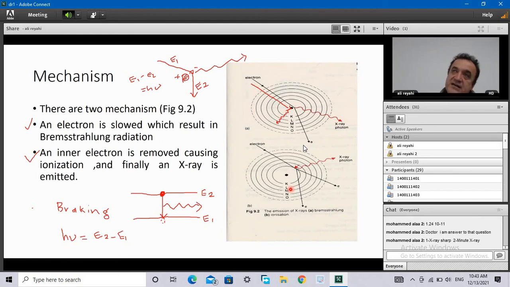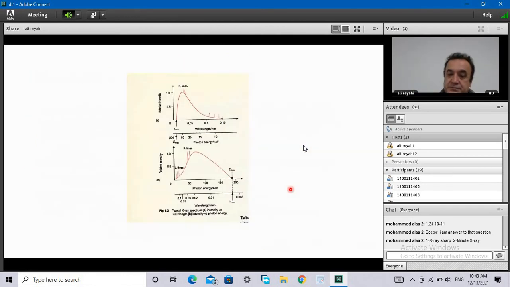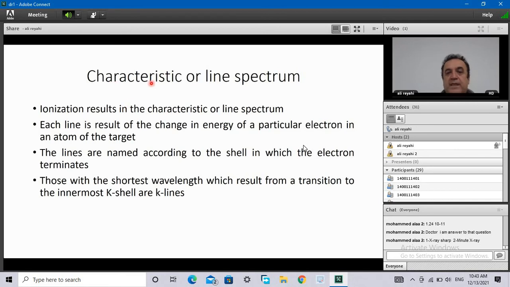Every layer has its own linear spectrum. It is L line, it is K line. Of course, the K lines are more important. Why? Because they have more energy relative to the upper layer electrons.